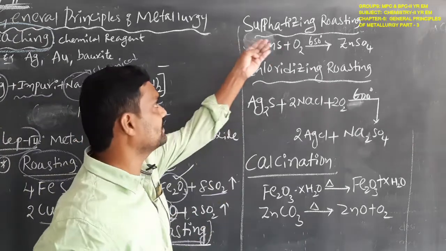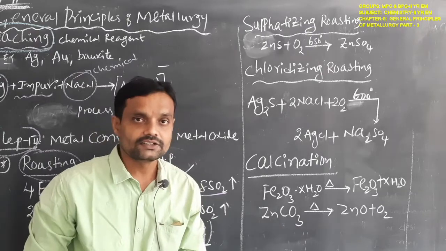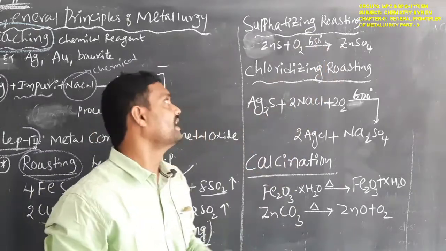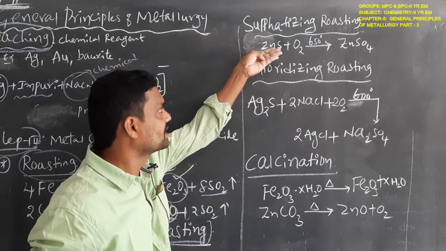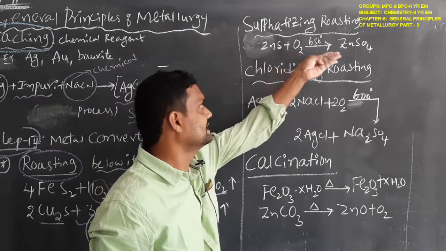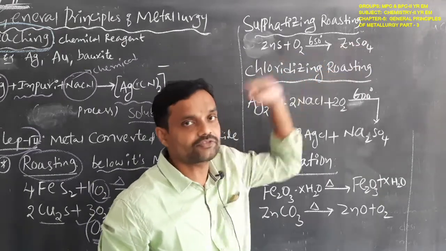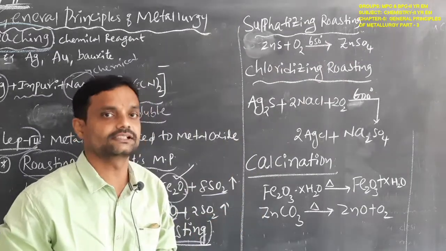For example, sulfatizing roasting means during the roasting process, the ore is converted to its sulfate form. Example, sulfide ore. During the roasting process, it is converted to its sulfate, zinc sulfate form. Simply, that is called sulfatizing roasting.